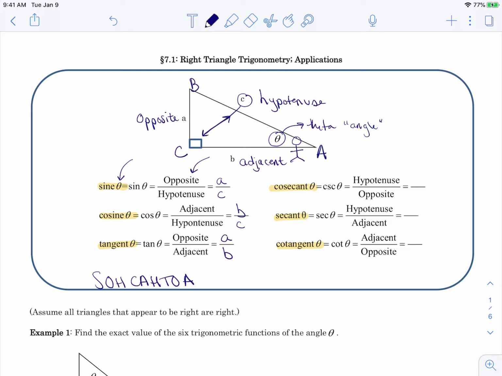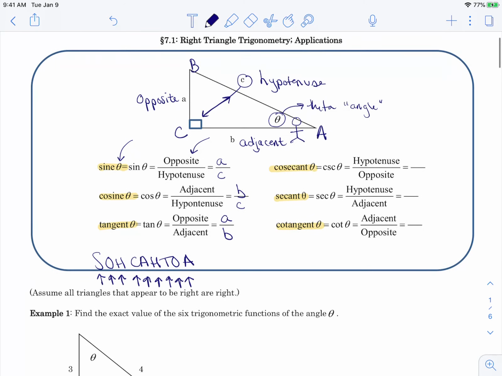So this S, sine, is opposite over hypotenuse. Cosine, adjacent over hypotenuse. Tangent, opposite over adjacent. I think sometimes I still use this. Especially with the TOA, people will mess that up often. We'll put adjacent over opposite. So you sit there and you go, SOHCAHTOA, and it helps you remember the order.